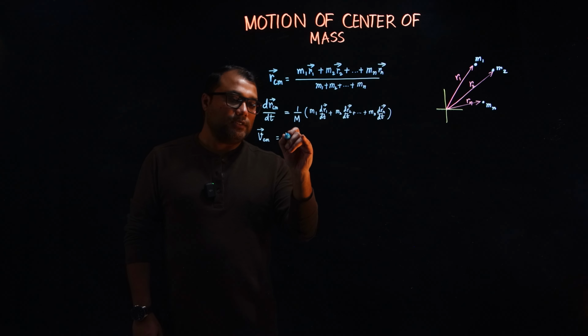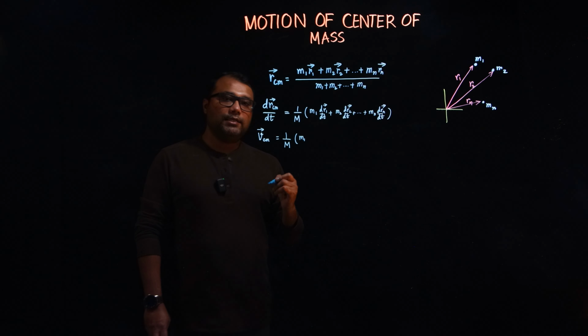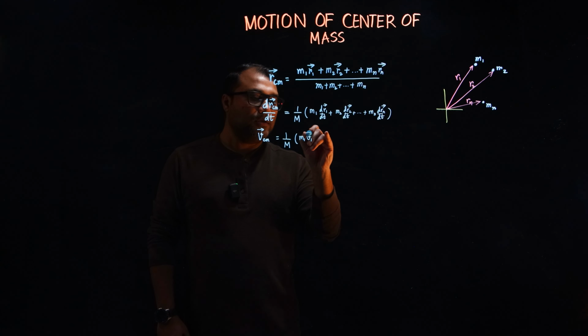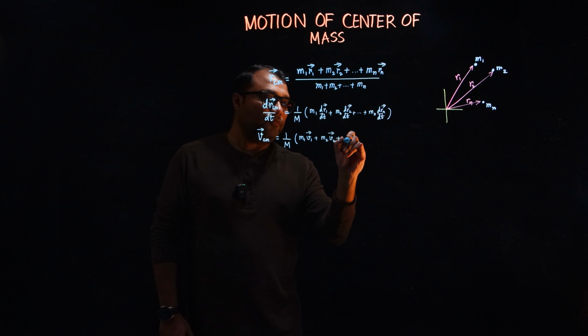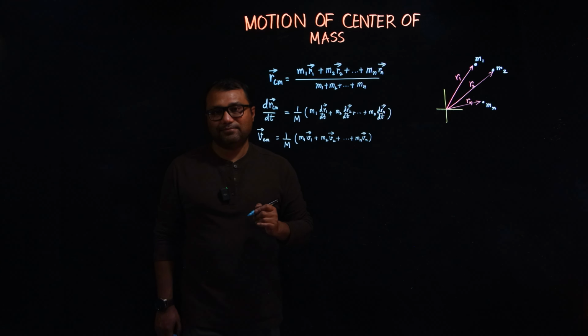So velocity of the center of mass we can write as 1 by M into M1. Now what is dR1/dt? It is velocity of M1. Similarly, M2 times velocity of M2, and we do the sum Mn Vn, okay.